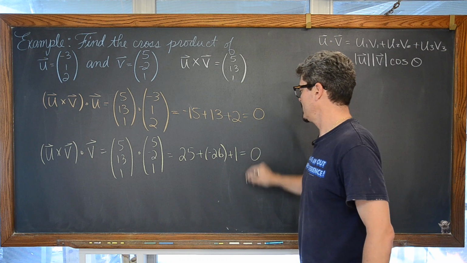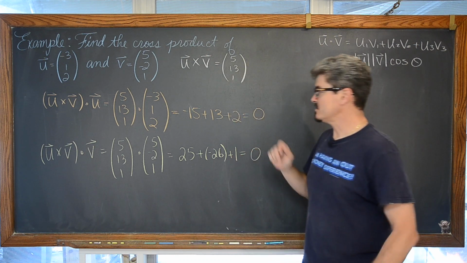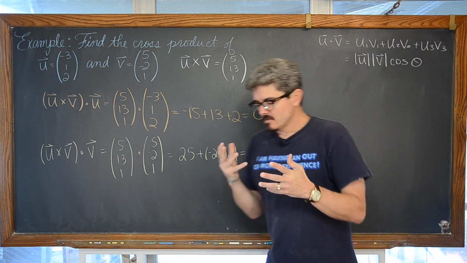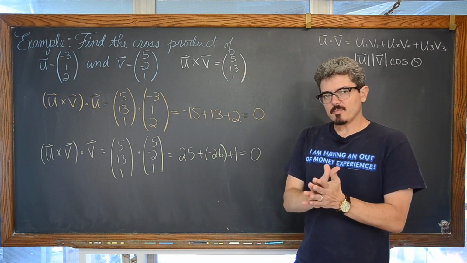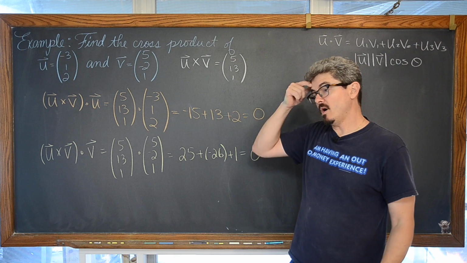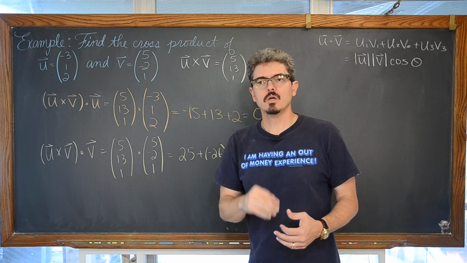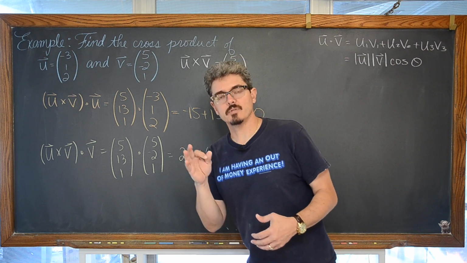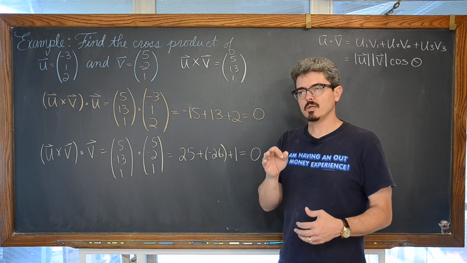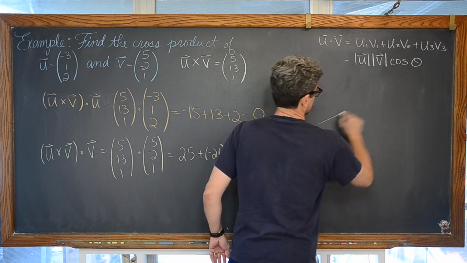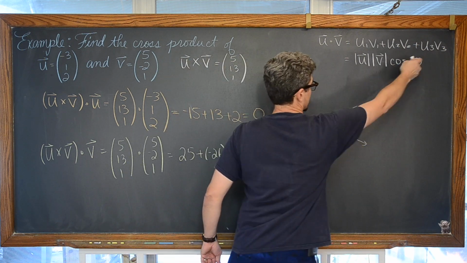And lo and behold, that comes out to 0 again. So we've got a couple of properties out of the way already. One, when you take the cross product of two vectors, you get a third vector which is orthogonal to the two original vectors.